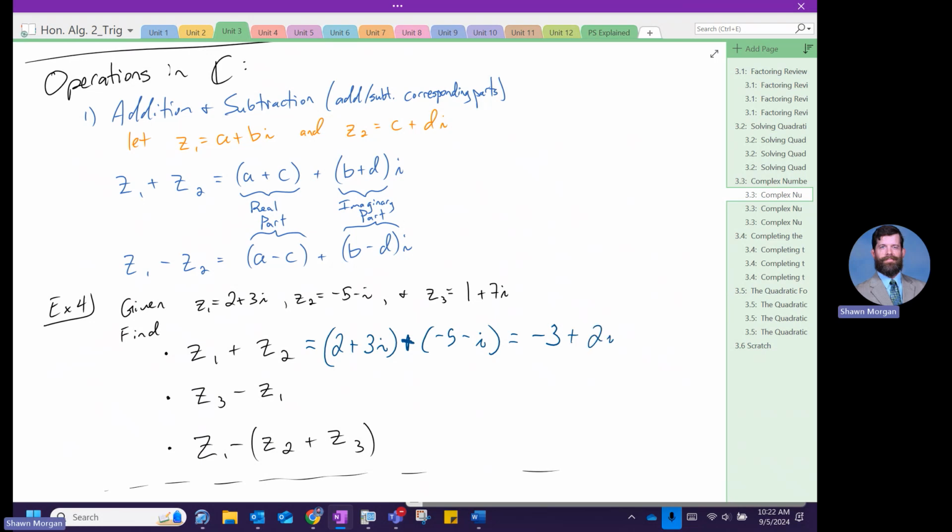It feels strange, like, I don't know what I'm doing, Coach Morgan. Well, what we can do is we can treat i like a variable with certain caveats. We're not going to get crazy with it. But as far as adding and subtracting complex numbers, we just treat it like a variable. You say, well, I've got this many i minus that many i. That equals 2i.